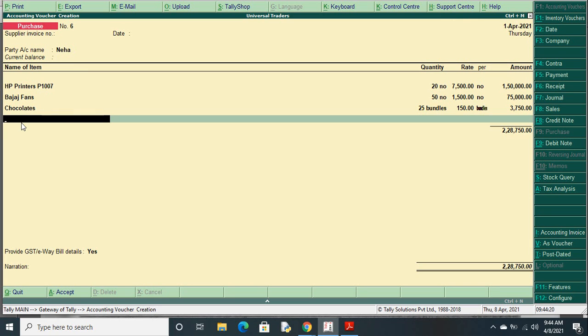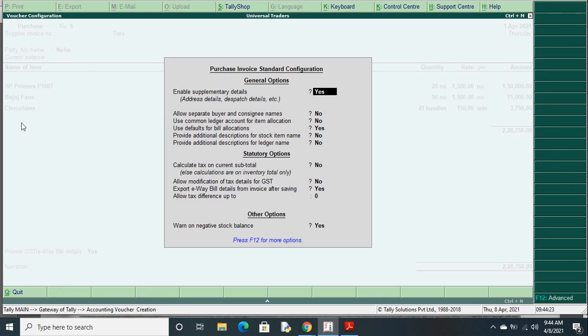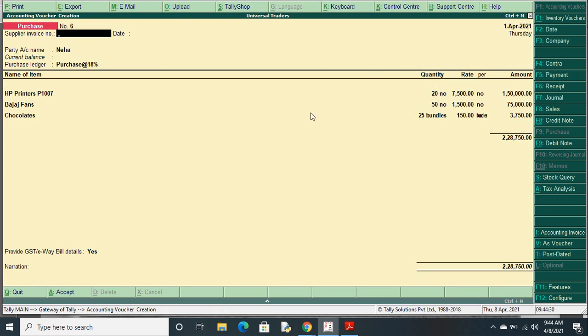Instead of that, if I use common ledger, if I use this option, then that purchase 18% will come here automatically. What does it mean? All the items whatever you have here, everyone are of 18%.